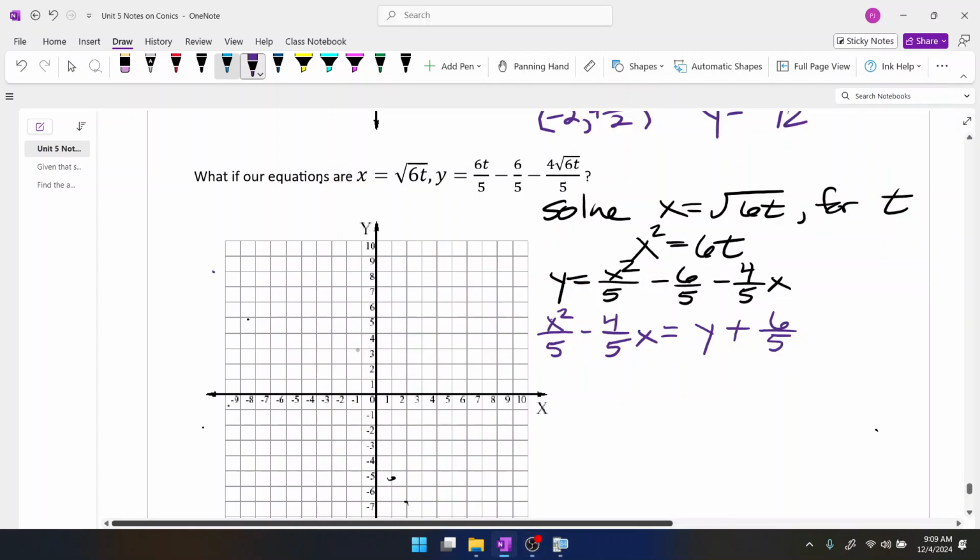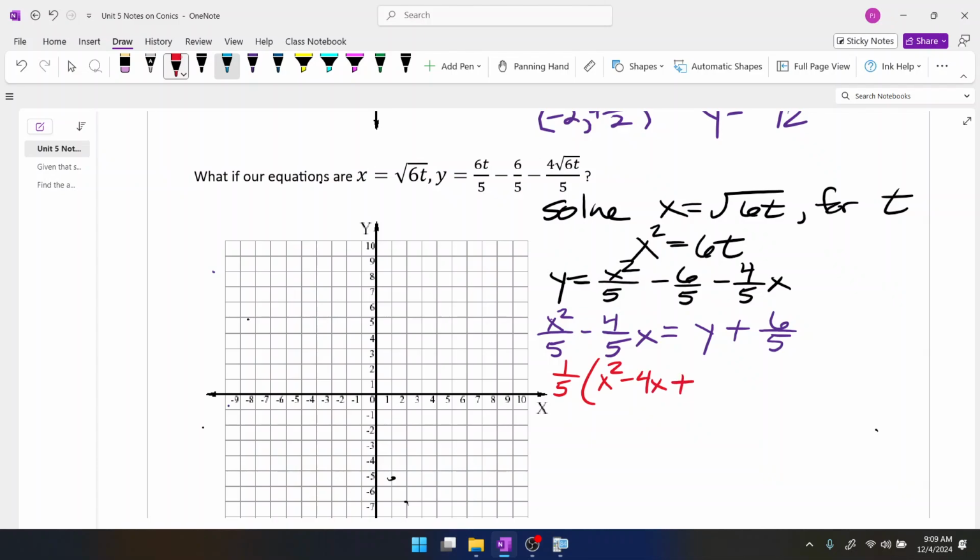So if we take out a 1/5, that becomes x squared minus 4x plus, and to complete the square, half of -4 is going to be -2, and that squared is going to be 4. And you have y plus 6/5 plus 1/5 times 4, which is 4/5.